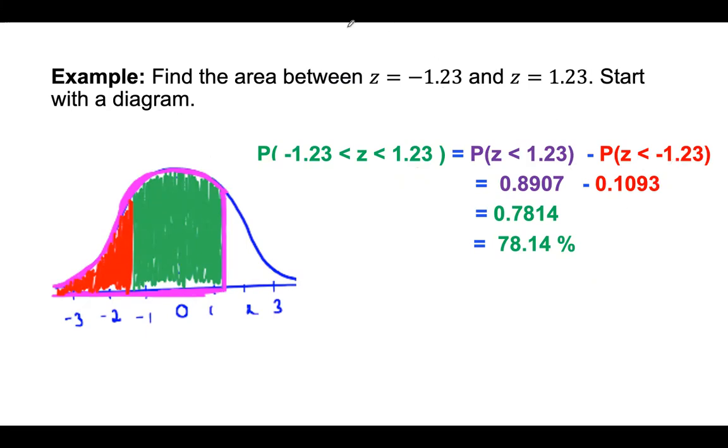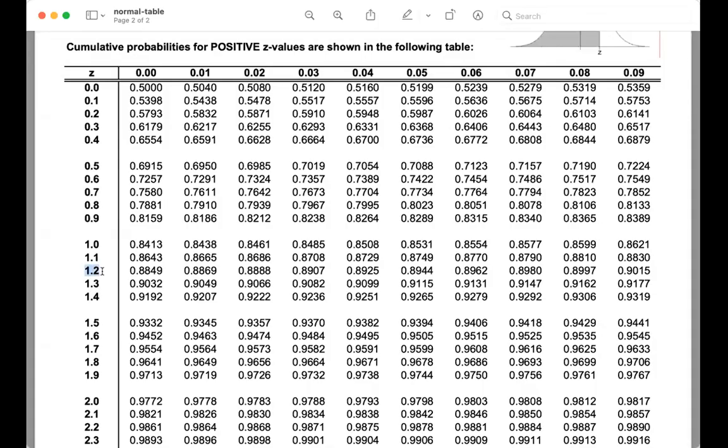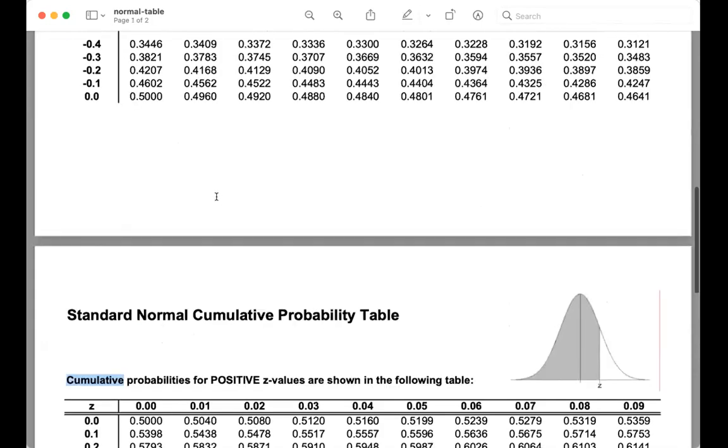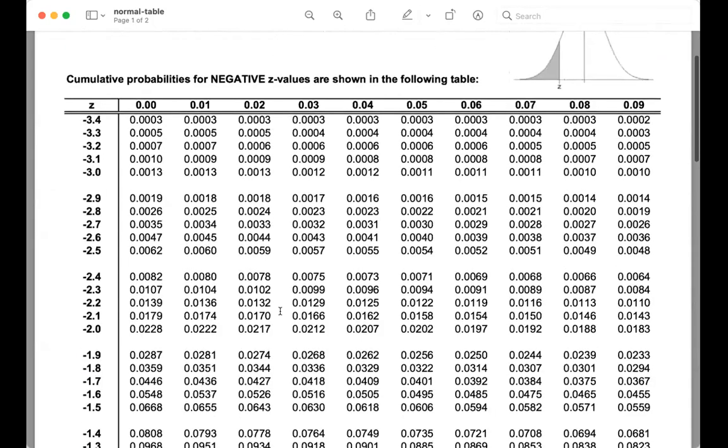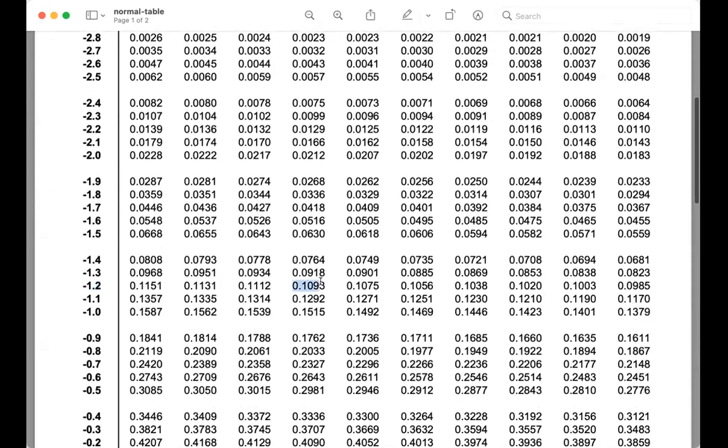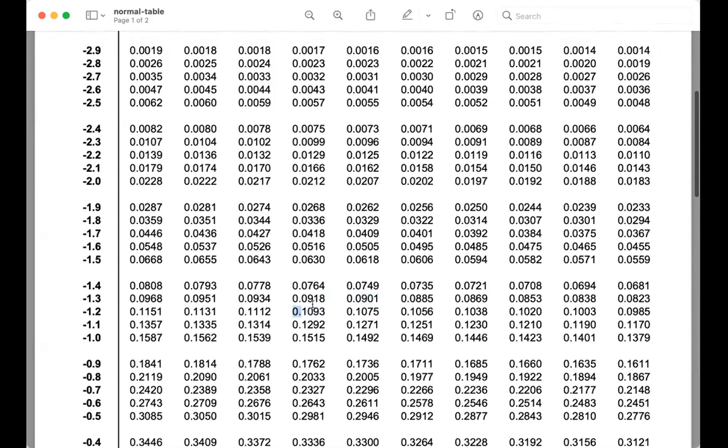And then we have to look these up in the table itself. 1.23 would be here, so that's positive. And then we subtract the negative one here. Negative 1.23, I have to scroll up. That's here, I think. 0, 1, 2, 3. Here. Yeah.